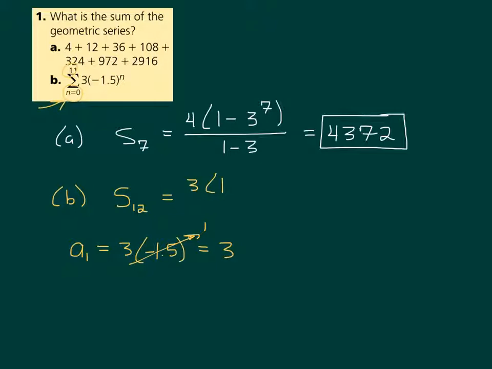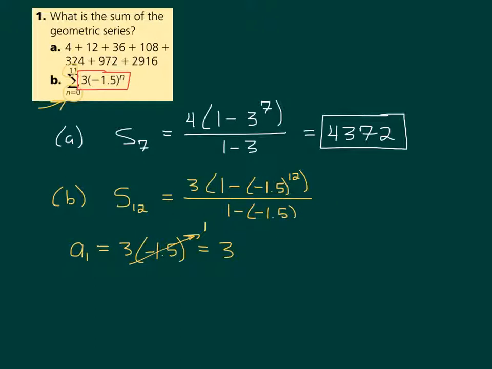What is my common ratio? This is the explicit definition for a geometric sequence, telling us that our common ratio is negative 1.5. We raise that to the 12th, all over 1 minus negative 1.5.